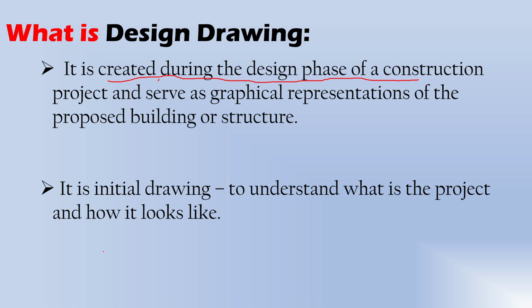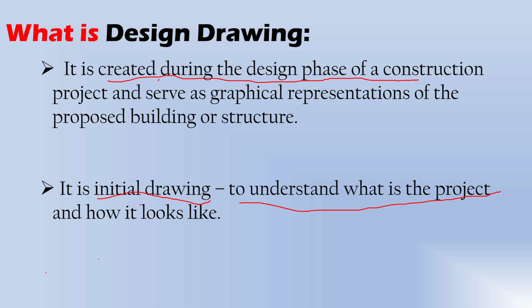Simply, it is an initial drawing to understand what the project is and how it looks. This drawing will be made by the consultant, then they will show it to the client. The client will be satisfied and then give approval to go for this design, and then we move to another step.